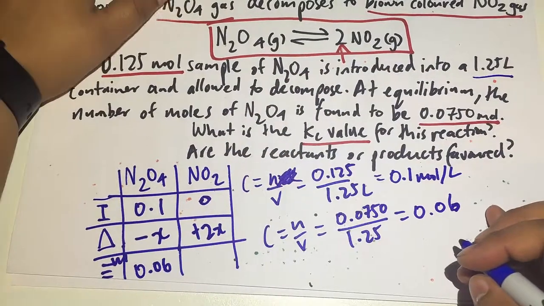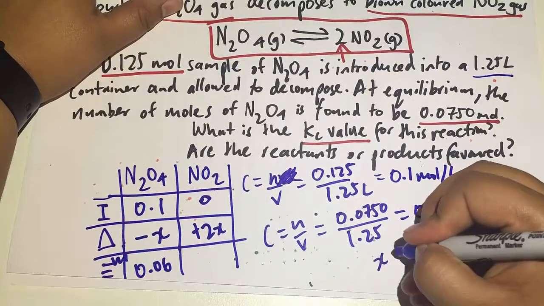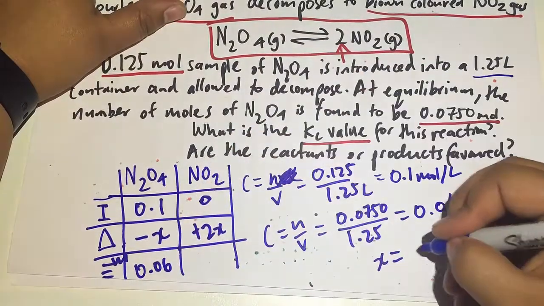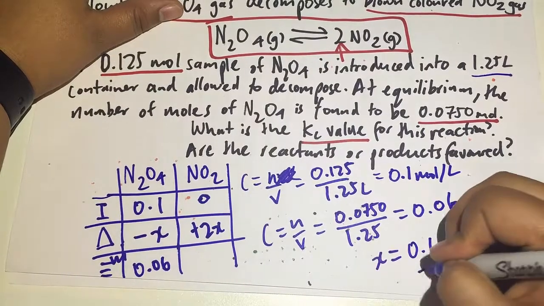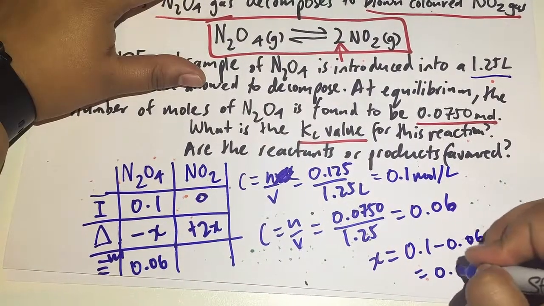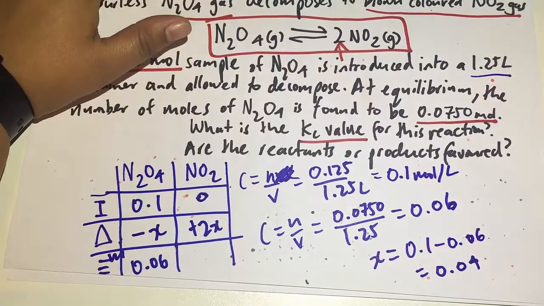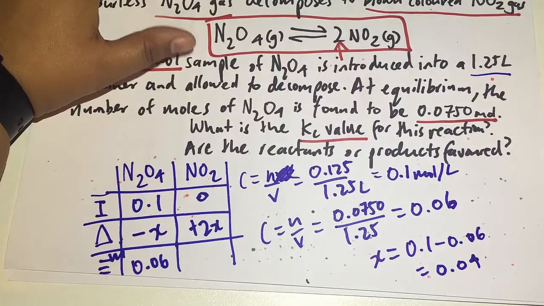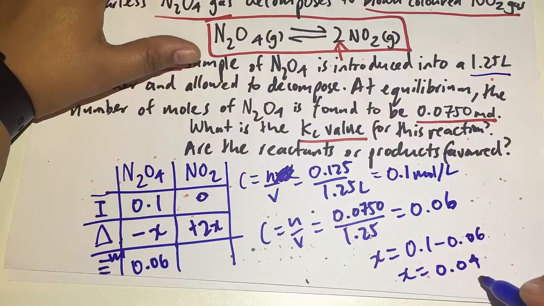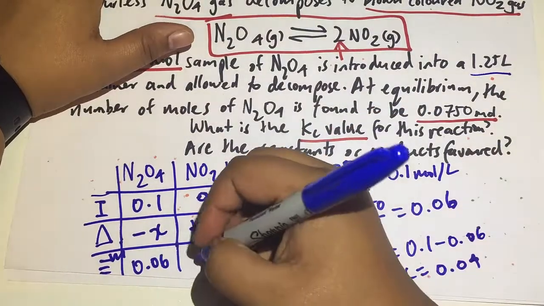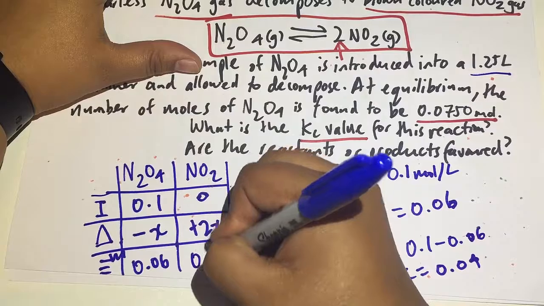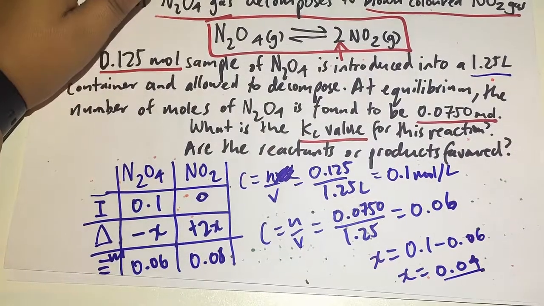X is going to be the difference between 0.1 and 0.06, which gives us 0.04. And since X is 0.04, and for our NO2 we're going to go plus 2X, this one here must be 0.08 instead, because 2 lots of that.